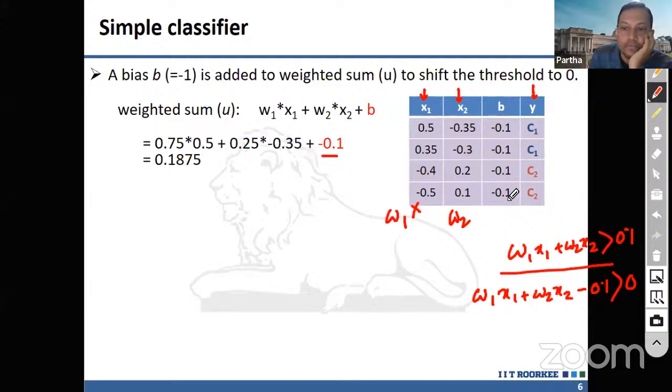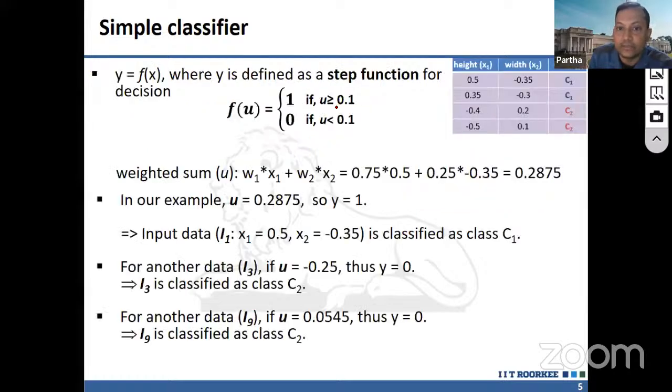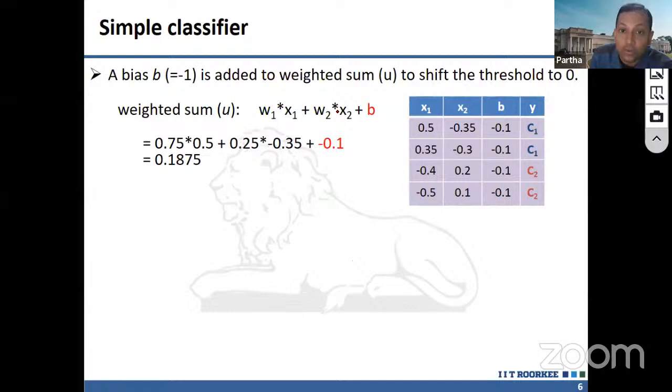Instead of checking greater than some number, I'm moving the threshold value to the left side. So my equation becomes w1 x1 plus w2 x2 plus minus 0.1. That addition of the minus value is weighted. Earlier we checked whether the total value is more than 0.1 or not.